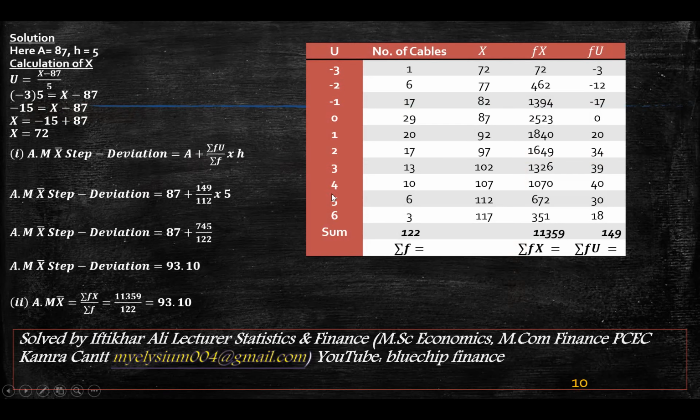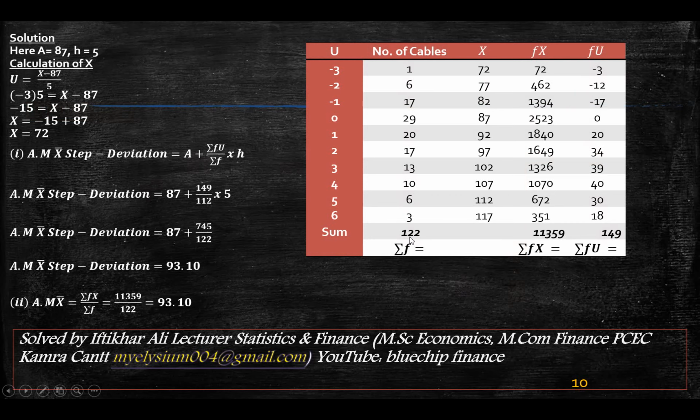As you are seeing here, u is minus 3, minus 2, minus 1, 0, and so on, and the frequency is given here. So first of all, we calculate fu, f multiplied by u. So minus 3 multiplied by 1 is minus 3, minus 2 multiplied by 6 is minus 12, and so on.